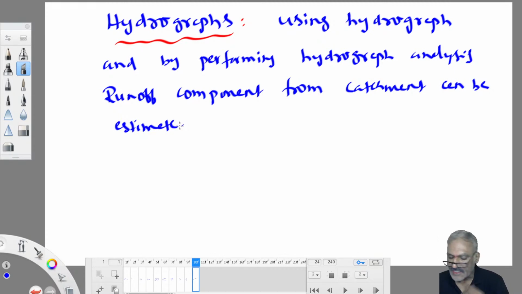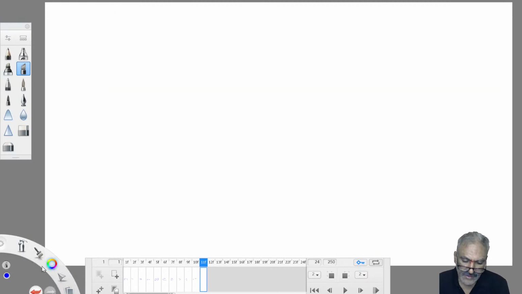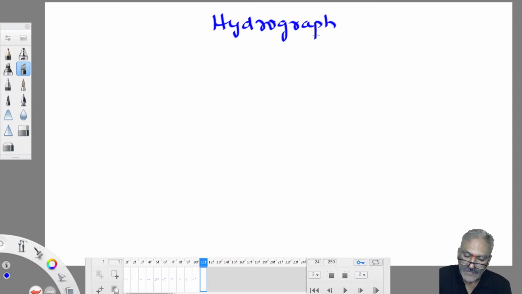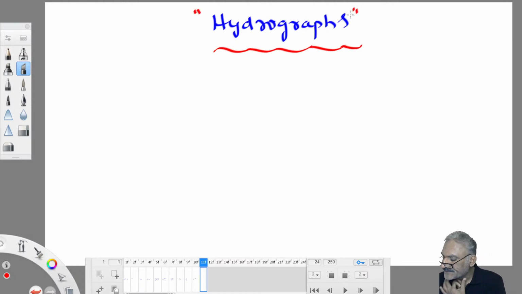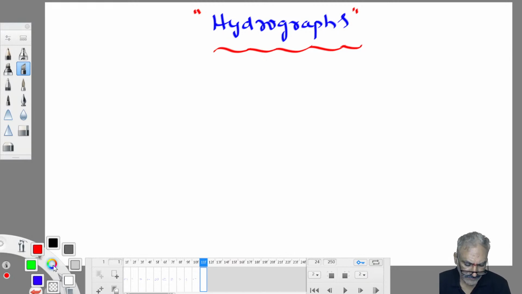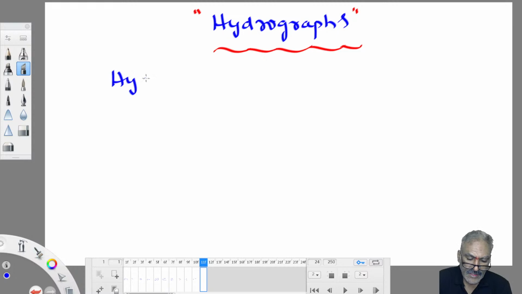Actually, hydrographs are linked to runoff. Come on, what is a hydrograph? Hydrographs are very popular for all civil engineers. Hydro means what? Water. Graph means what? Plot. It is a water plot. Then what exactly does it represent? A hydrograph is a plot between discharge versus time.